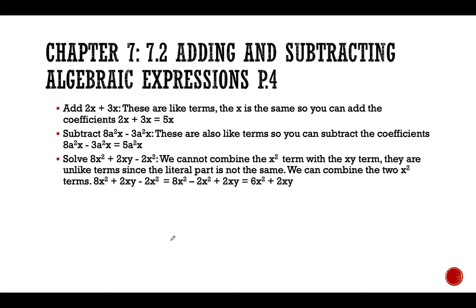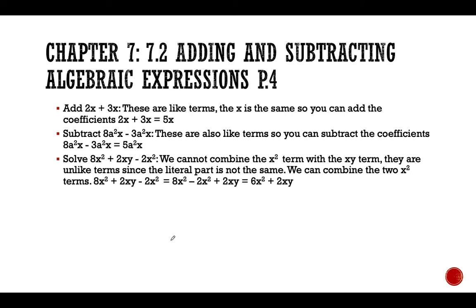Now solve 8x squared plus 2xy minus 2x squared. We cannot combine the x squared term with the xy term. Those are unlike terms because the literal part is not the same. xy is not the same as x squared. But we can combine the x squared terms.